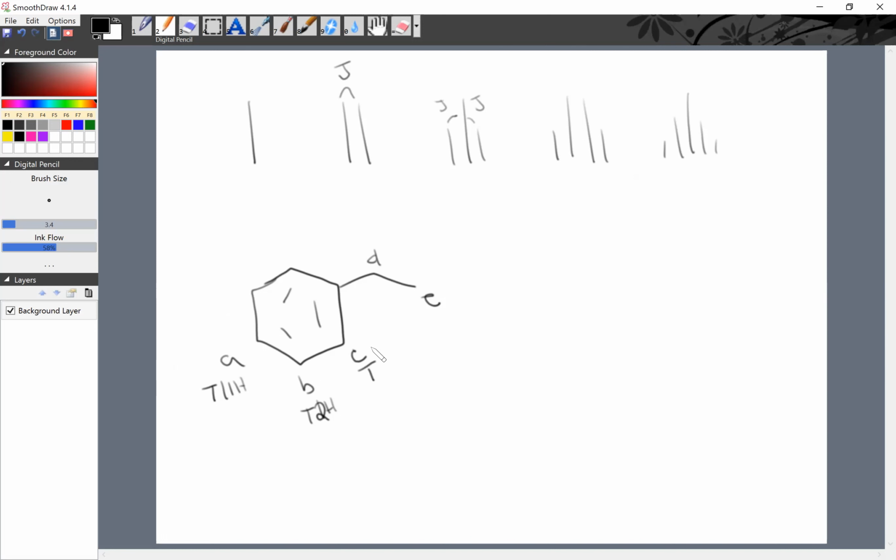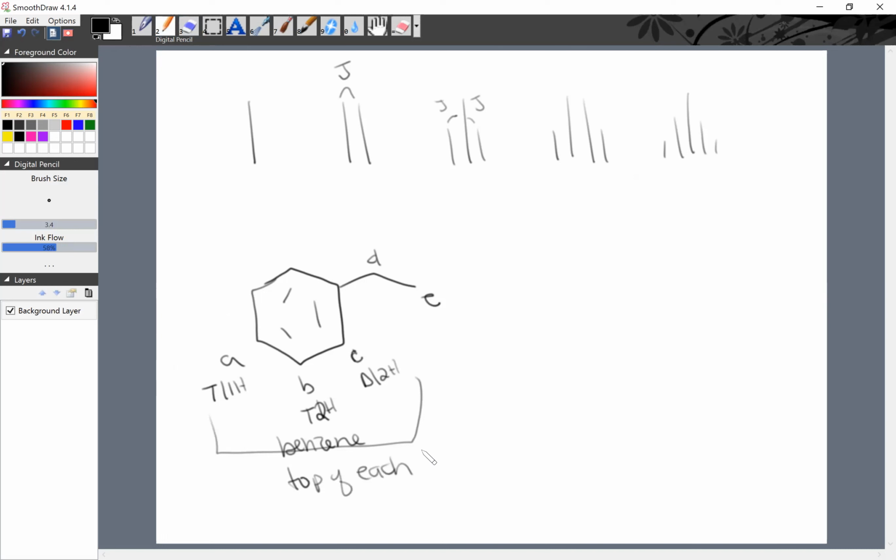No, this one would be a doublet. This one would be a doublet for two hydrogens. Now that looks beautiful, except these are all benzene, and so they're all similar environments. So they might fall on top of each other.